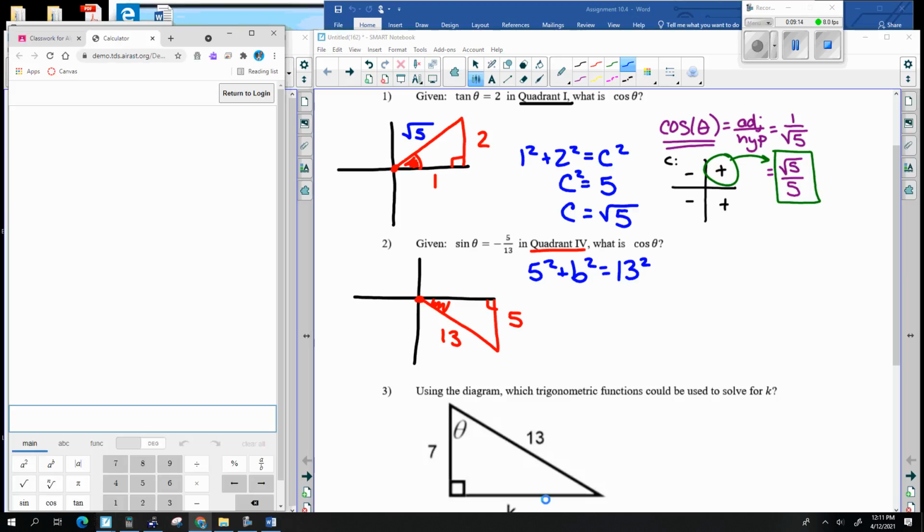So this is going to be 13 squared minus 5 squared, which is 144. So b is going to be equal to the square root of 144, or aka 12. So we find that missing side.